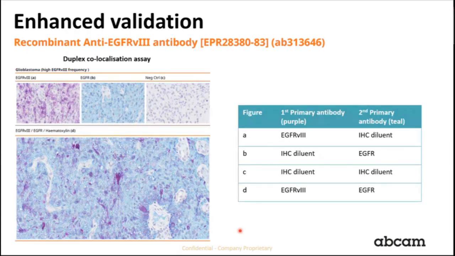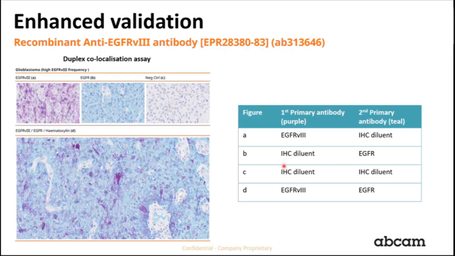And we also further performed a sequential staining of human malignant glioblastoma tissue to further confirm the specificity of this antibody. So in this figure, A is first stained for the EGFRvIII variant, but without any wild-type EGFR. B is for EGFR wild type only.